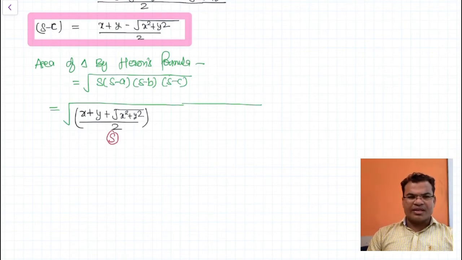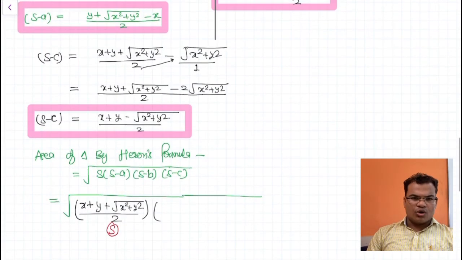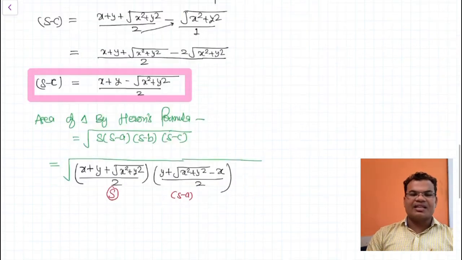So y plus under root x square plus y square minus x, whole upon 2. This is the value of s minus a, this second bracket. The third bracket and fourth bracket will repeat like this only.